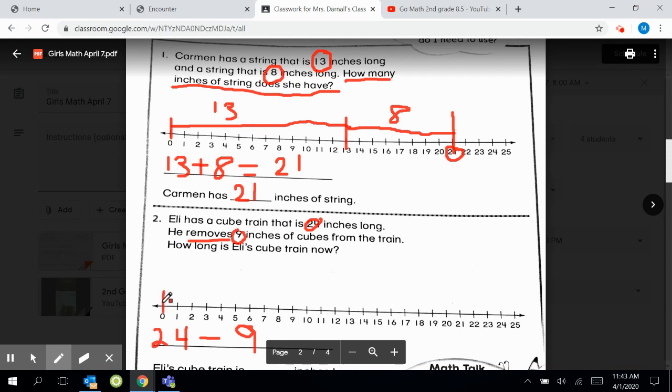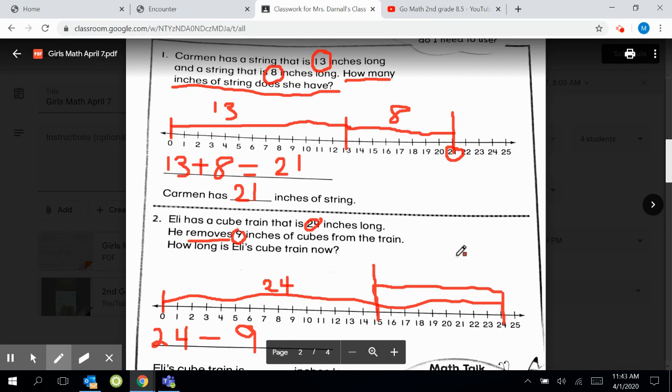So first, let's get 24. So draw a line until you're at 24. We know that that's 24. And now we're going to go back 9. So 1, 2, 3, 4, 5, 6, 7, 8, 9. Okay. This whole thing was 24.